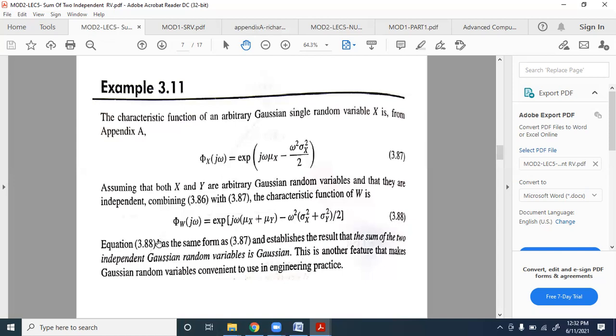So equation 3.88 has the same form as 3.87, because this value has to be replaced by mu w, and this value has to be replaced by sigma w squared. That establishes that the sum of two independent Gaussian random variables is also Gaussian. This is a very important feature that makes Gaussian random variables convenient to use in engineering practice.